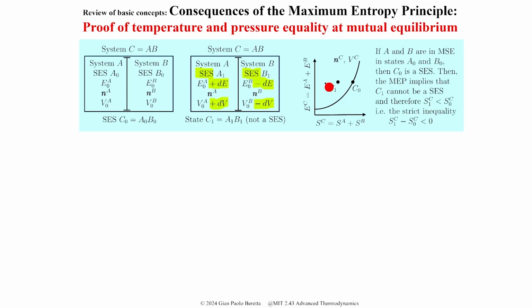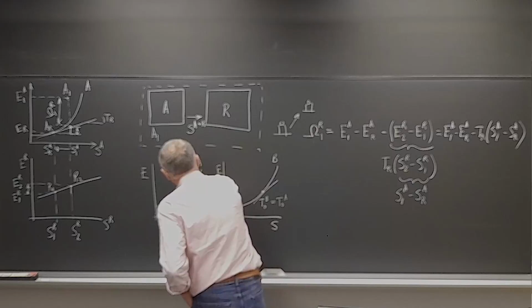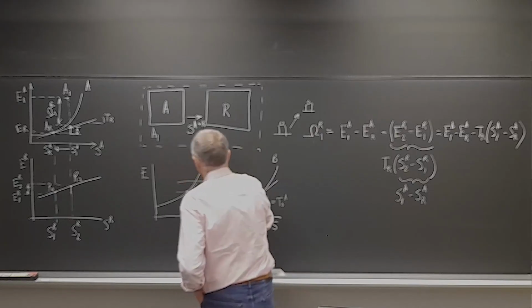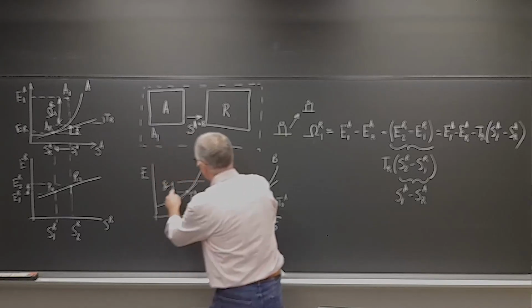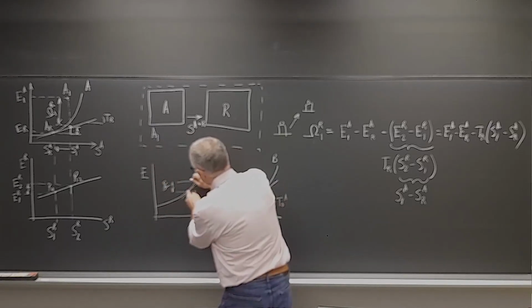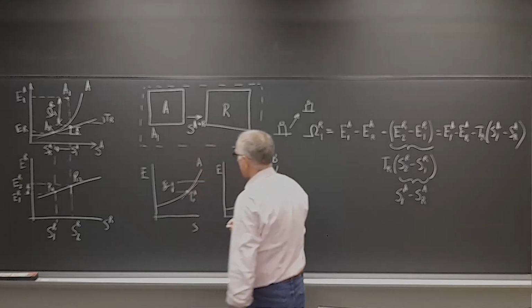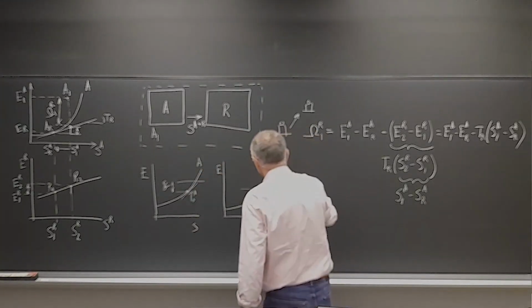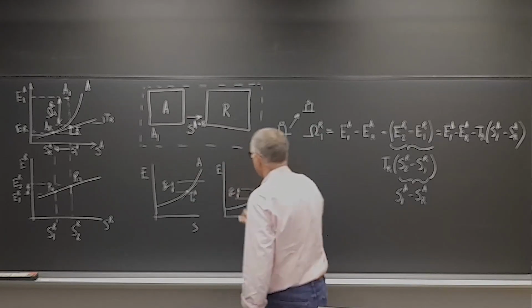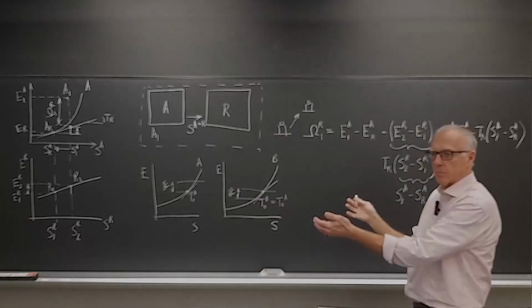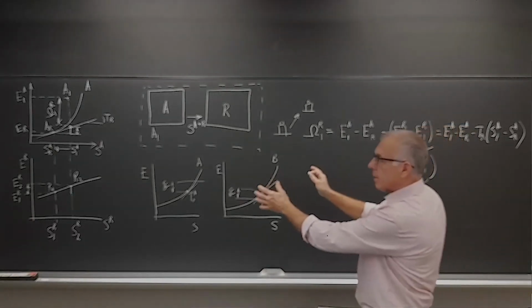So let me arbitrarily choose a small amount of energy, dE, and therefore assume that my system A, I'll make it bigger so as to represent it, has an energy higher by an amount dE, and B an energy smaller by the same amount. So that since energy is additive, the total energy remains constant, and therefore the composite system still has the same energy.